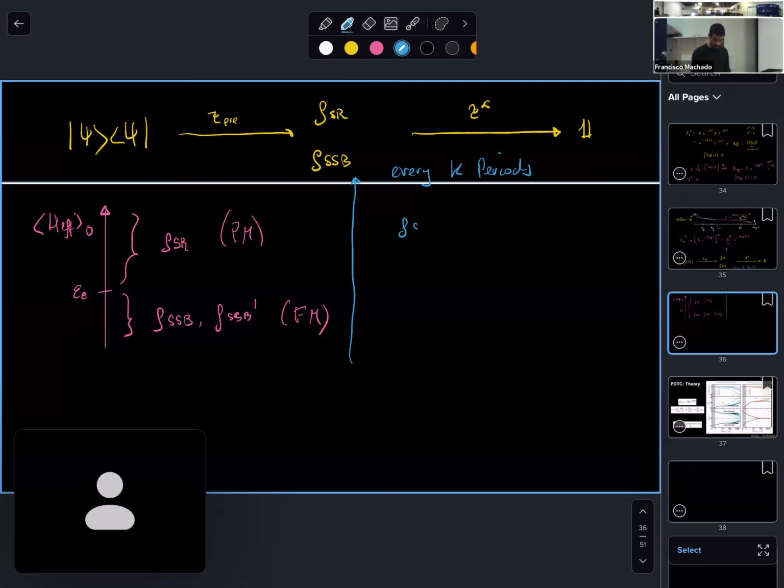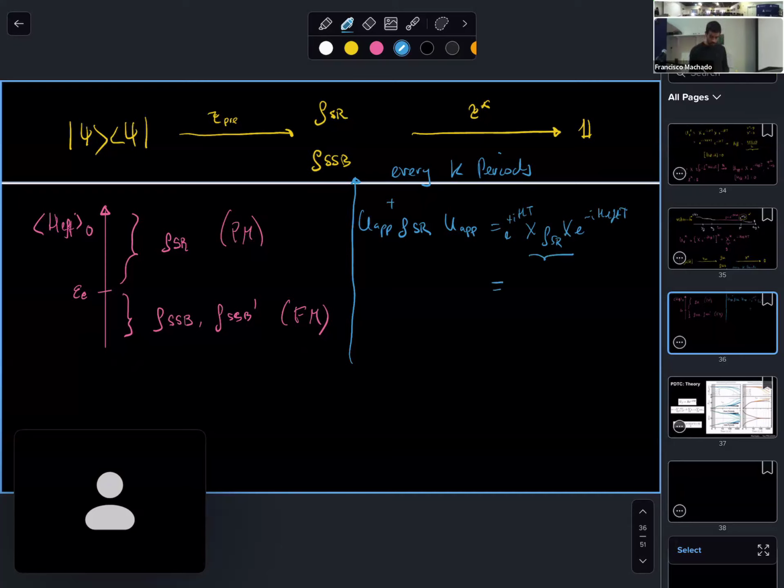If I have a symmetry respecting state, and I understand its dynamics under my approximate unitary, this is effectively going to be, oh, this should be a dagger, e to the minus i h effective t X rho s r X e to the plus i h t. Let me simplify that for space reasons.